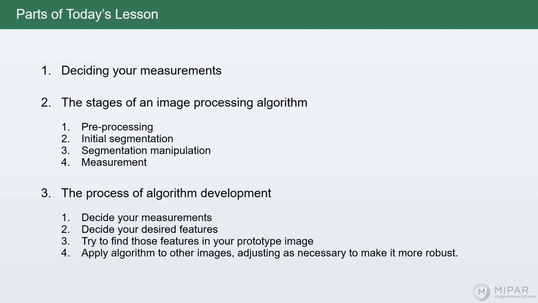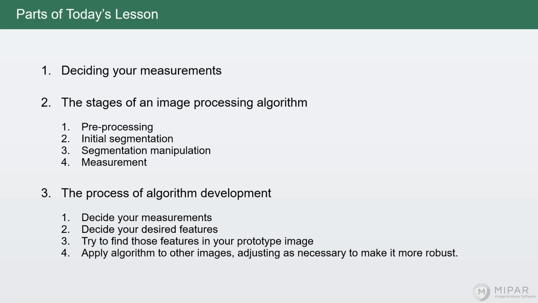So we'll start with talking about your measurements. What do you actually want to get out of your images? This is important always to do first, because it guides a lot of the constraints or freedom that you have when you go about analyzing the images.